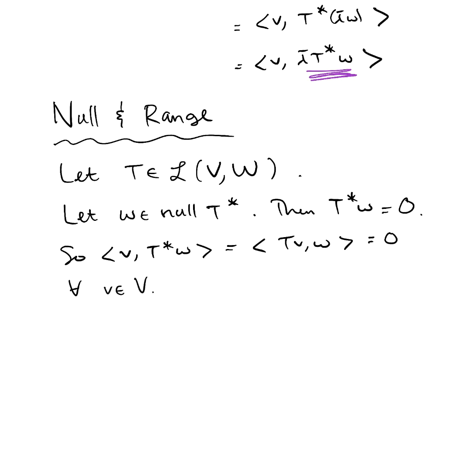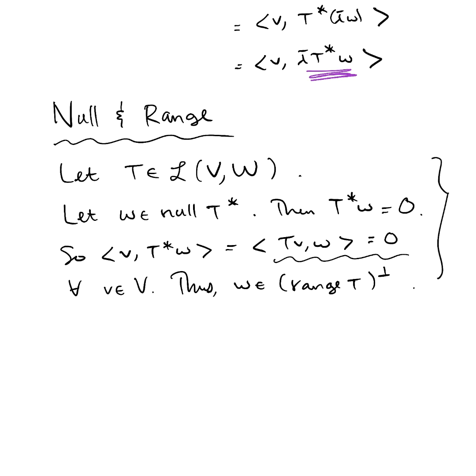Okay, read this. That says W is orthogonal to any TV. So, in other words, W is in the perp of the range of T. Okay, now look at this little argument.